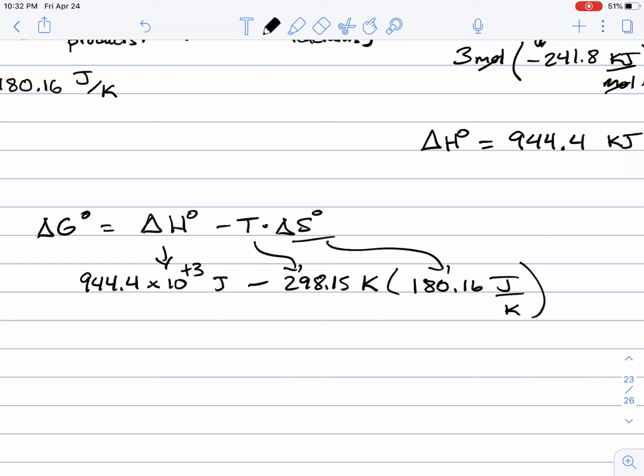I'm going to cancel these two out. When I multiply them, those Kelvin units cancel. And what I get is 8.907 times 10 to the positive 5.